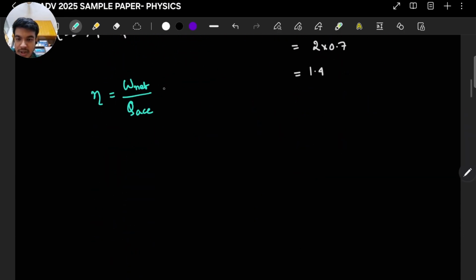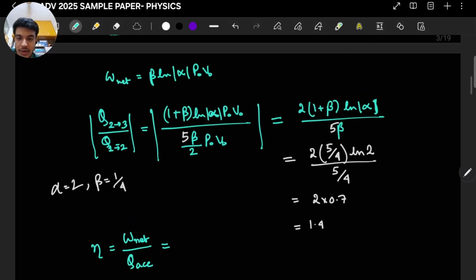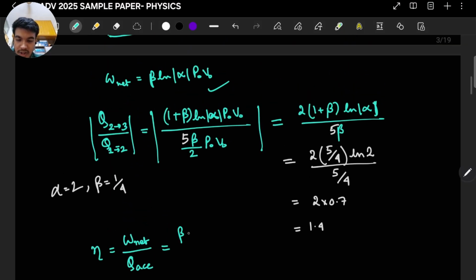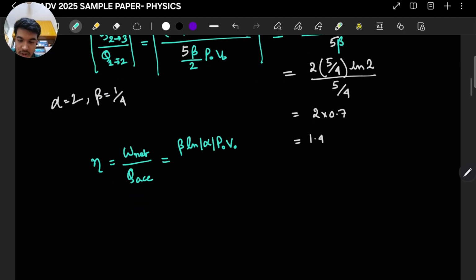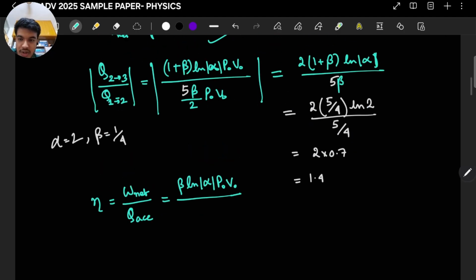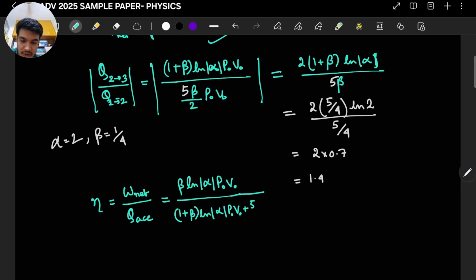So Q accepted is basically, W net we already had, beta ln alpha P naught V naught. Now Q accepted was Q23 plus Q12, which is 1 plus beta ln alpha P naught V naught plus 5 beta by 2 P naught V naught.